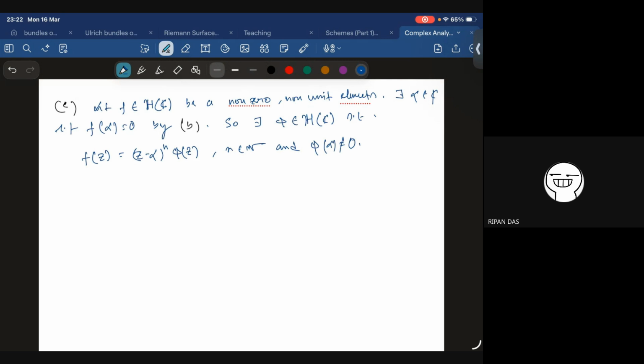So we will have to show that phi(z) is a constant, I mean a unit, and basically that n equals 1. That's what we will have to show. So if n is not equal to 1, then what can you do? You can do f prime of z.